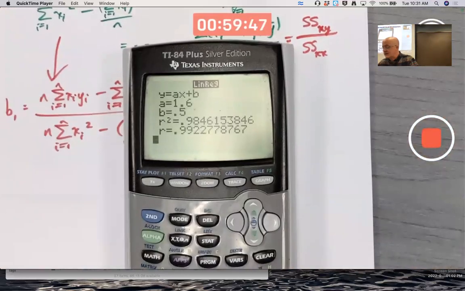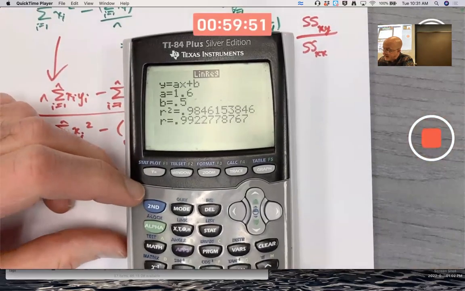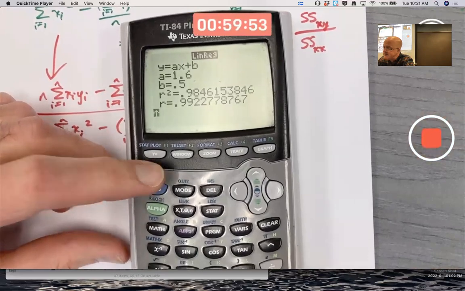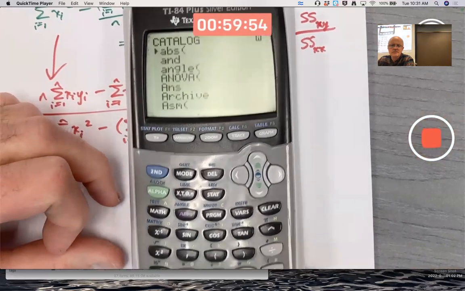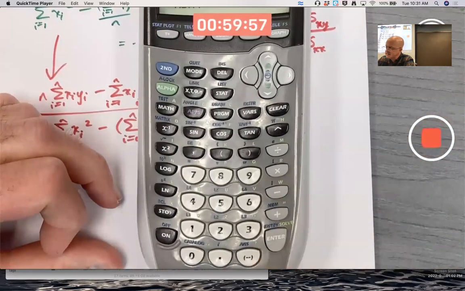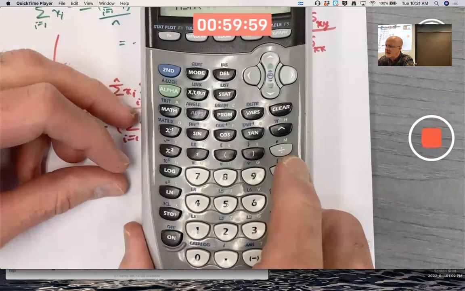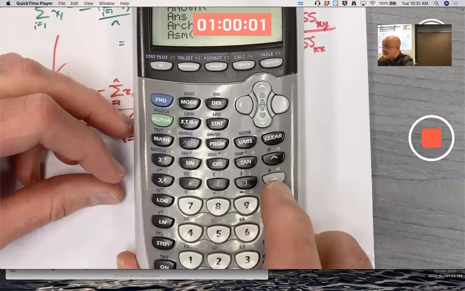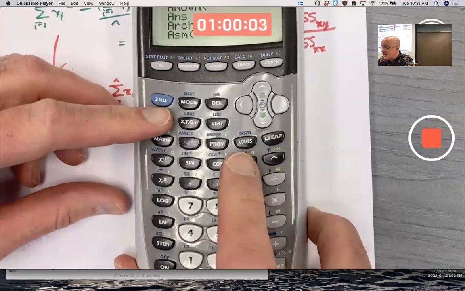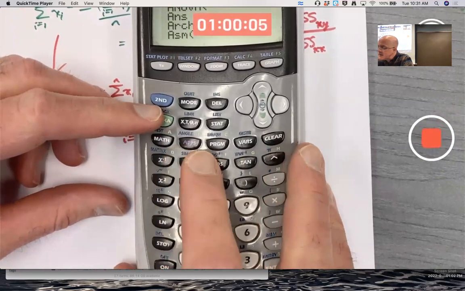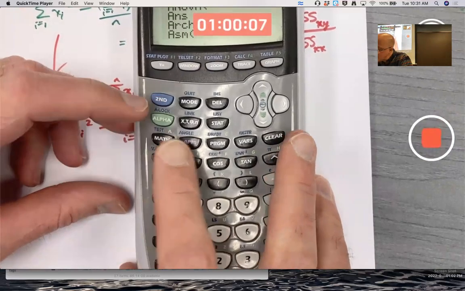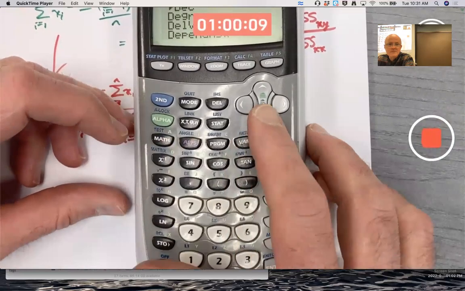But if your calculator doesn't show it, make it show up. You should be able to fix that by going to the catalog button. It's above 0 on mine. And going down to the D's, I can go alpha D, I think, to go down to the D's. Okay.